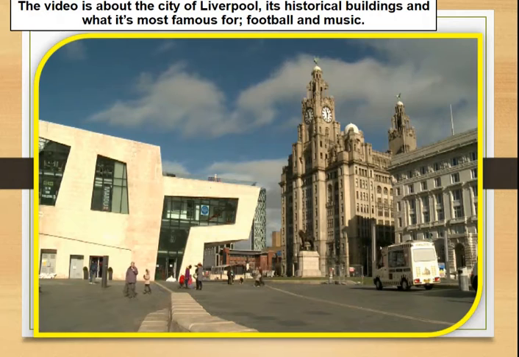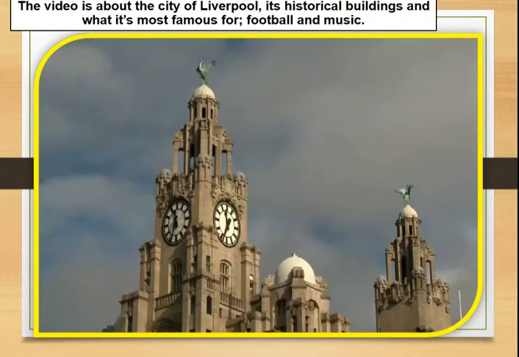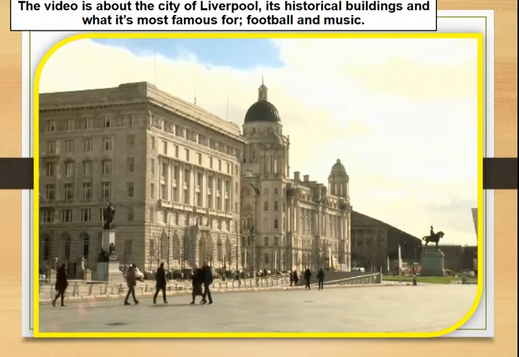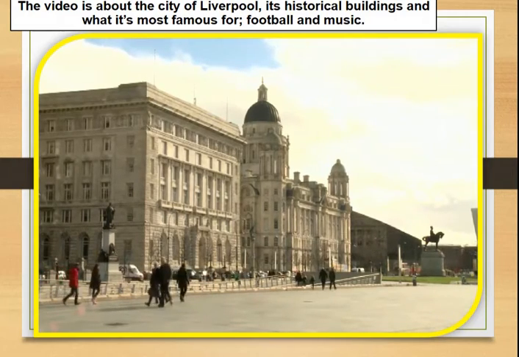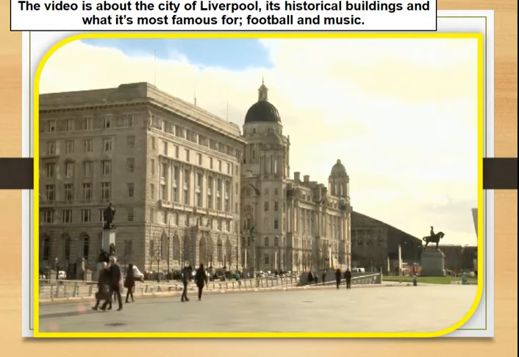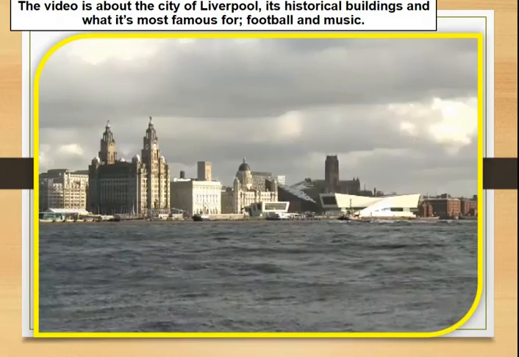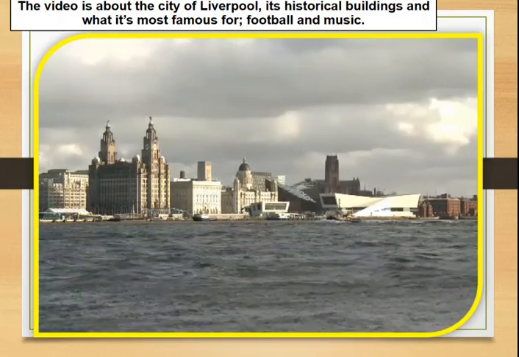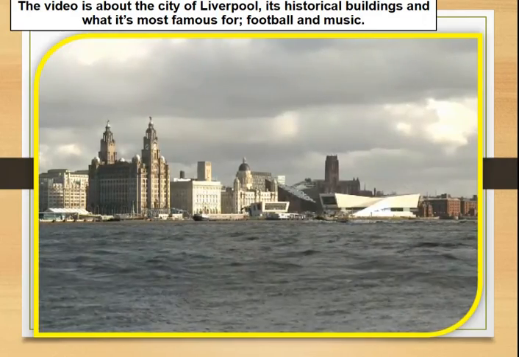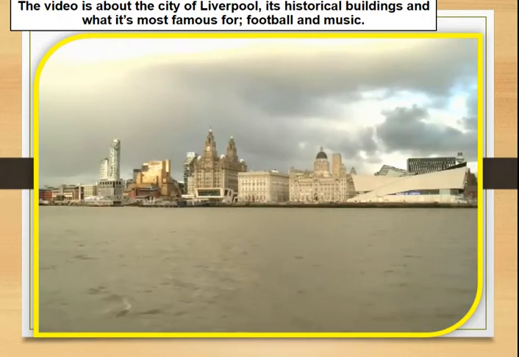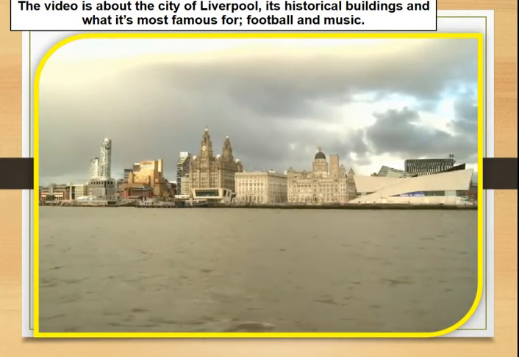From here, you can see famous buildings such as the Royal Liver Building, with its famous statues of the two liver birds, the Cunard Building, and the Port of Liverpool Building. Together, these buildings are called the Three Graces, and they're an important part of the city's impressive skyline.